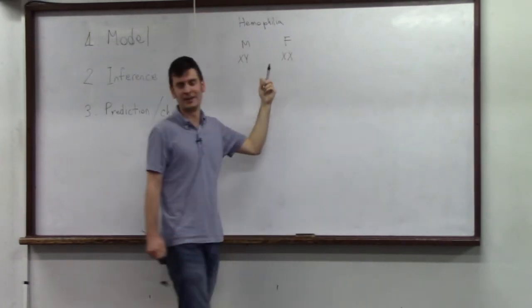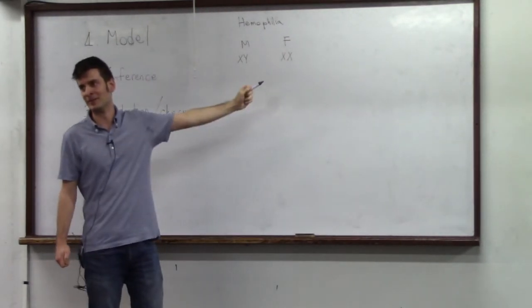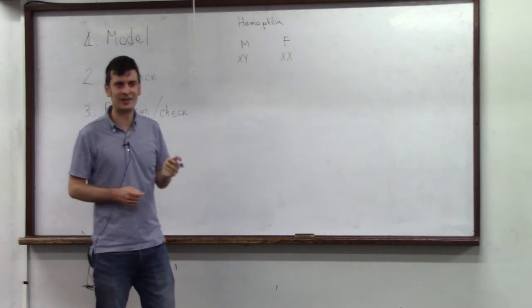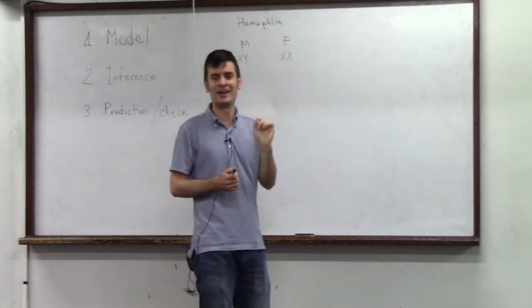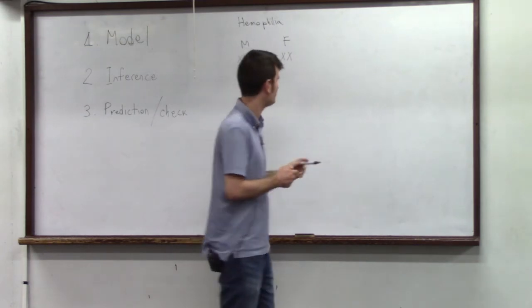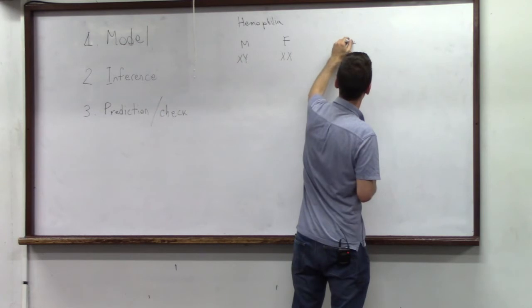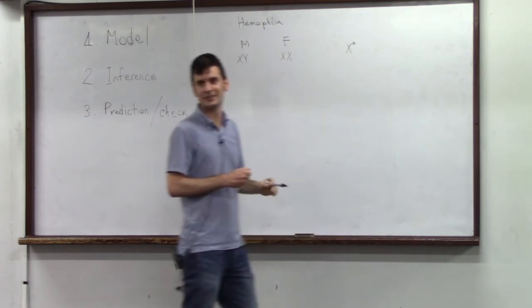Males have an X and Y chromosome, females have two X chromosomes, and this disease is related to a defective gene in the X chromosome. So, I don't know, we call it X star.